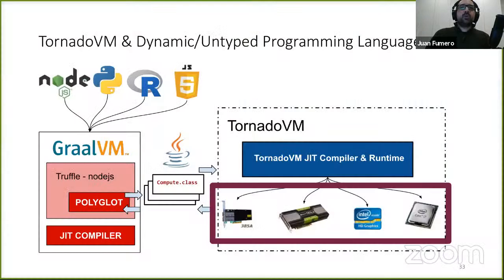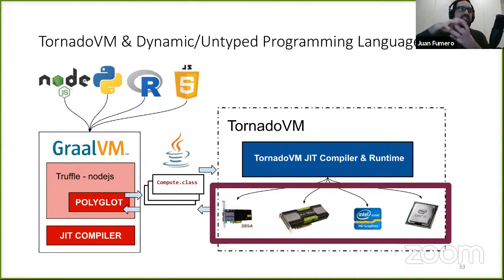Okay, so we can also run Tornado, I'm going to say just a few words, on top of GraalVM and Truffle. And that gives us access, so you can access TornadoVM from Python, R, Ruby, Node.js, whatever language is supported on top of GraalVM. We do this through a component in Truffle called Polyglot. That is a component that lets them talk to each other.